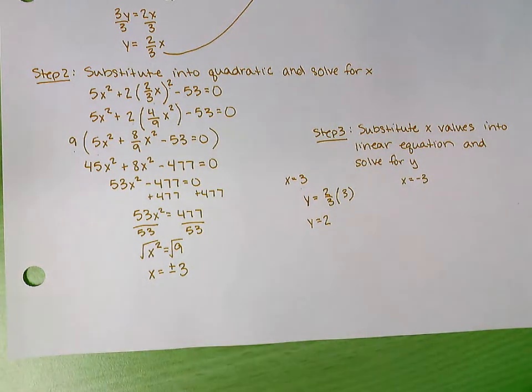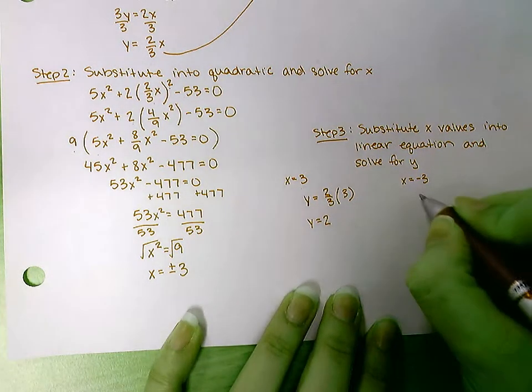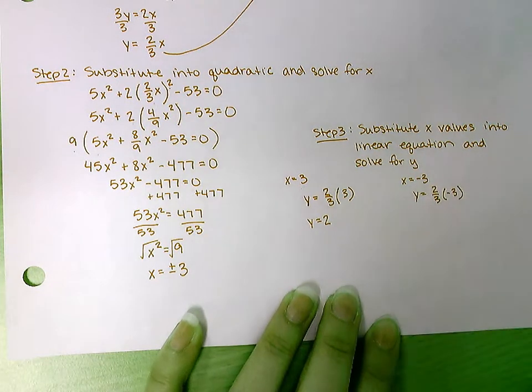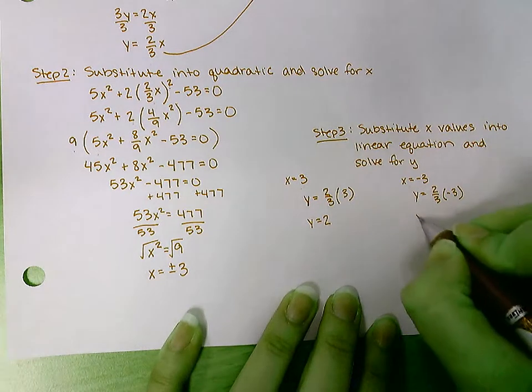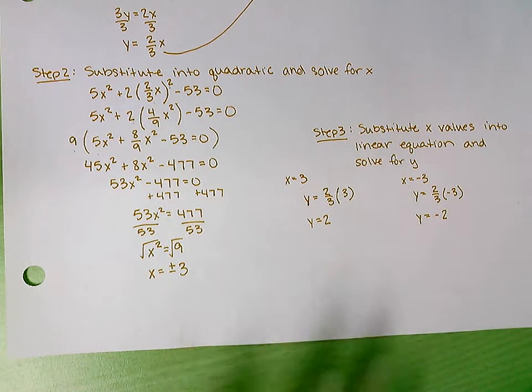So we need to plug in negative 3 as well. So we'll have y is equal to 2/3 times negative 3. And again, those 3's cancel, but you'll end up with negative 2 instead.